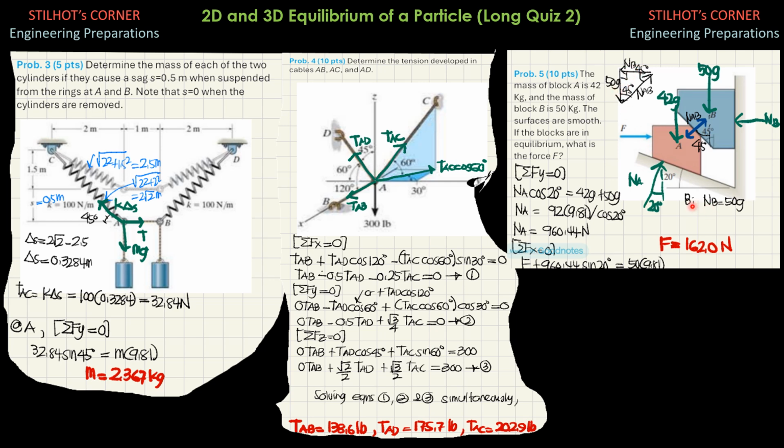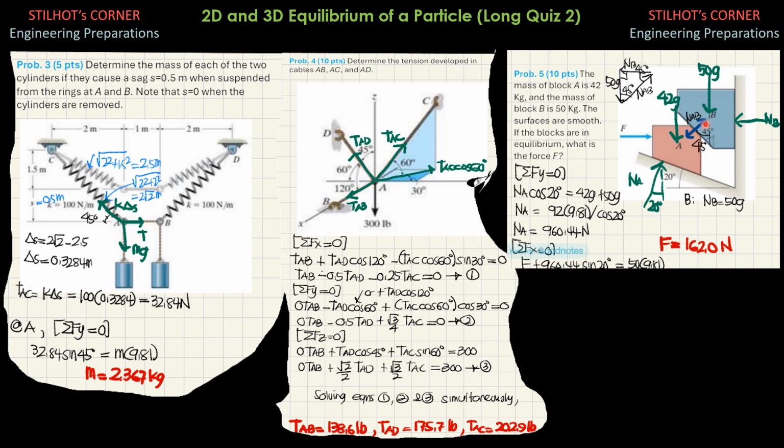So that's why I put here at B, NB equals 50G. Having known NB equals 50G, we then sum up forces Y equals 0 to solve for NA. So the Y component of NA, NA cosine 20 degrees, is equal to 42G plus 50G.